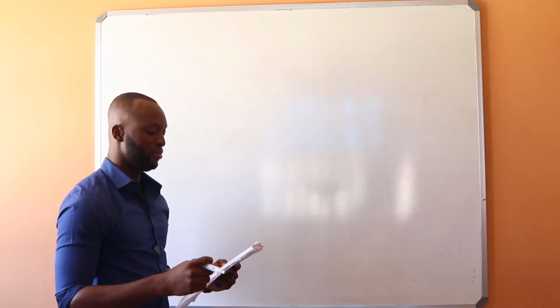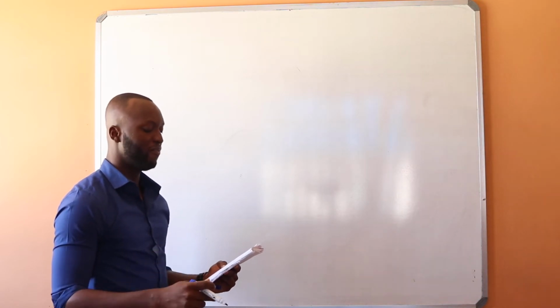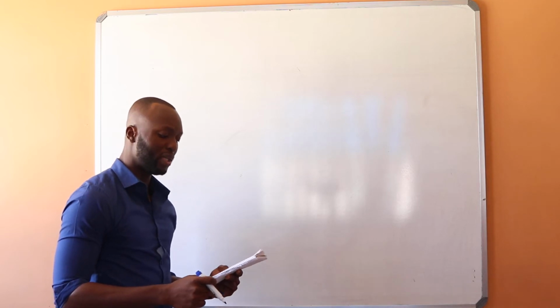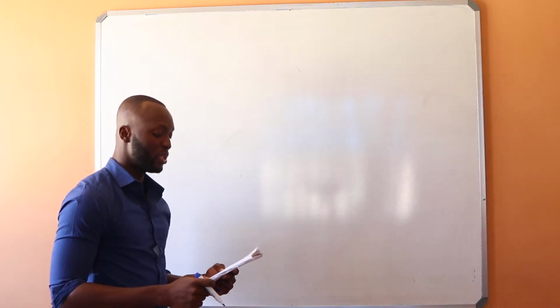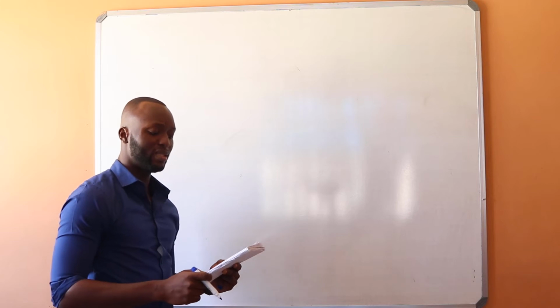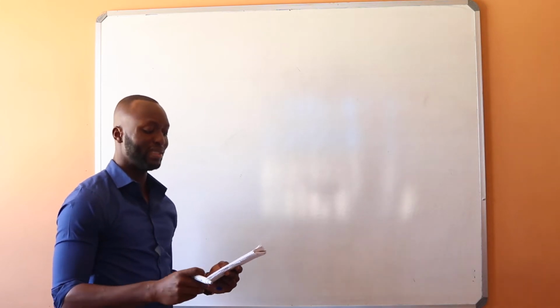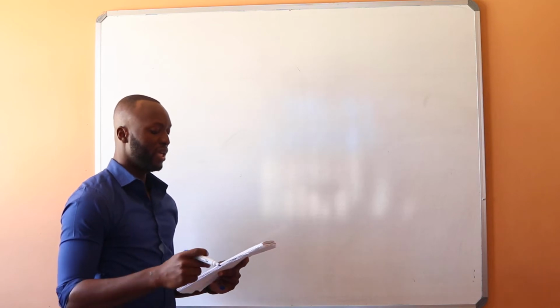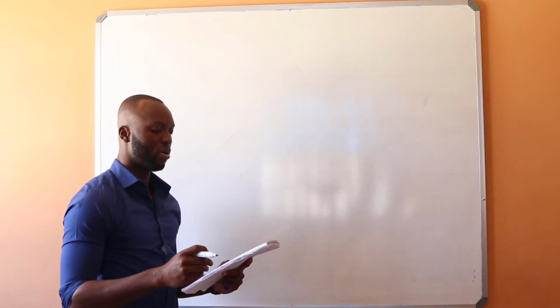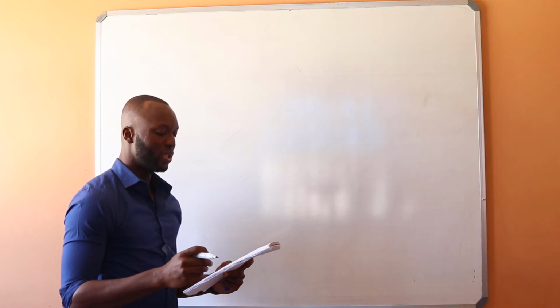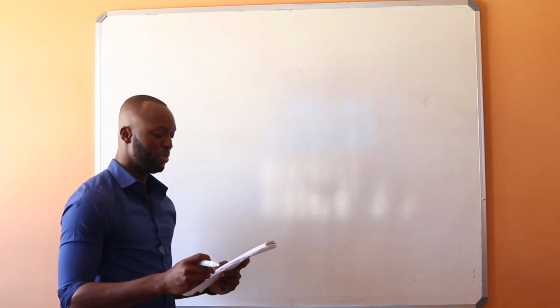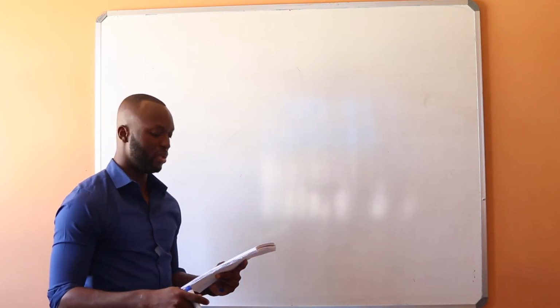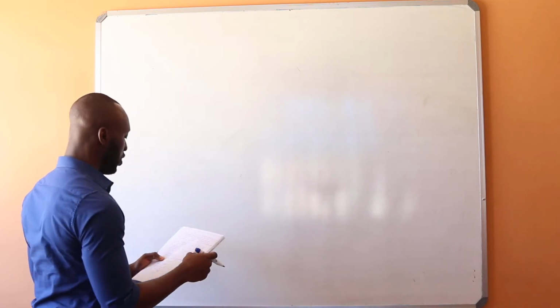Now calculate, number 1, the firm's break-even level of monthly output. Second, if the firm plans to sell 30 kitchen units per month, calculate its expected monthly profit. And question 3, if the firm is making a loss of $12,000 per month, what increase in production would be required to break even? So I'm quickly going to give you the formula.